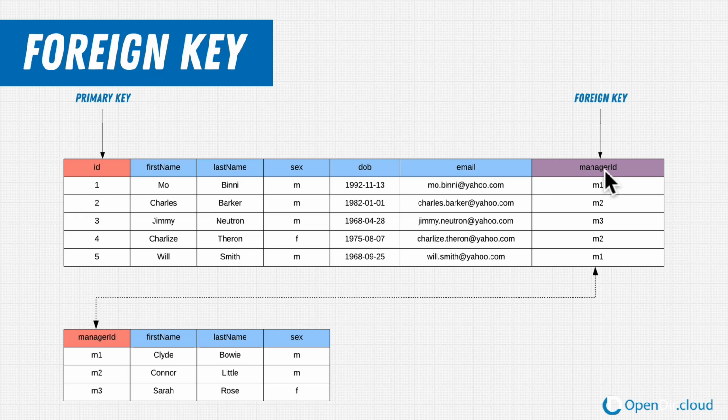We'll get into that part later. But that being said, what we need to know now is because we are referencing a unique key, and because we are injecting this column that says manager ID in the same table as the employees, well, now we know for certain that Mo's manager is Clyde Bowie.